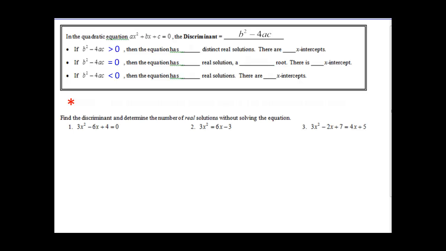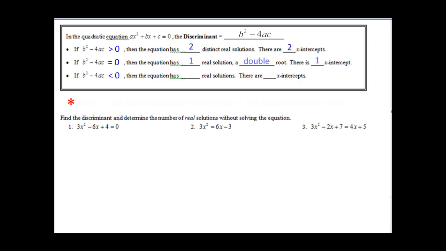If we flip back, we had 4. How many actual solutions did we get? We had 2. If the discriminant is greater than 0, we have 2 solutions, and therefore 2 x-intercepts. In number 2, we got 0, which gave us just the 3, one solution.